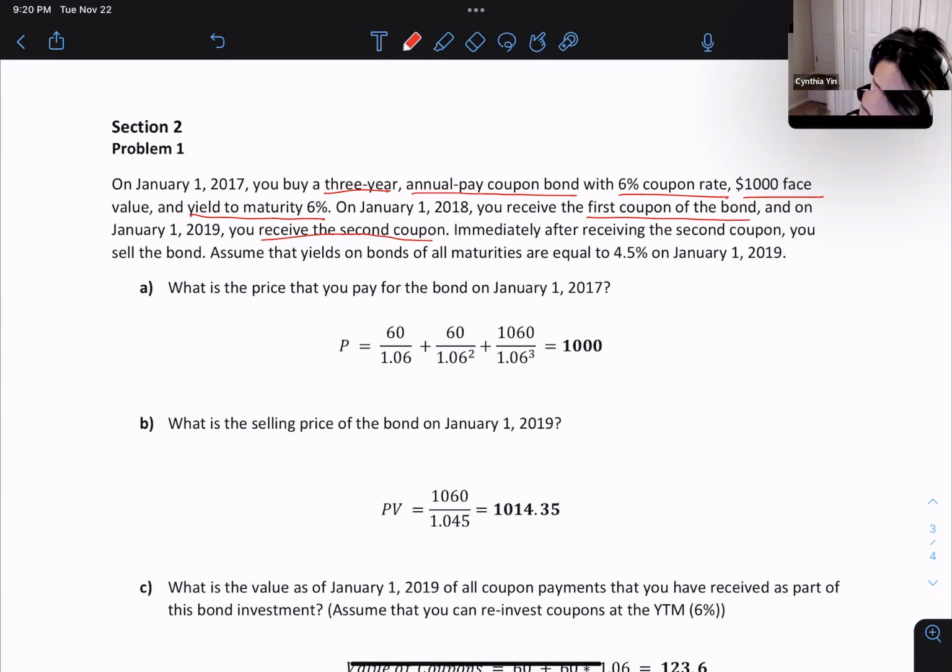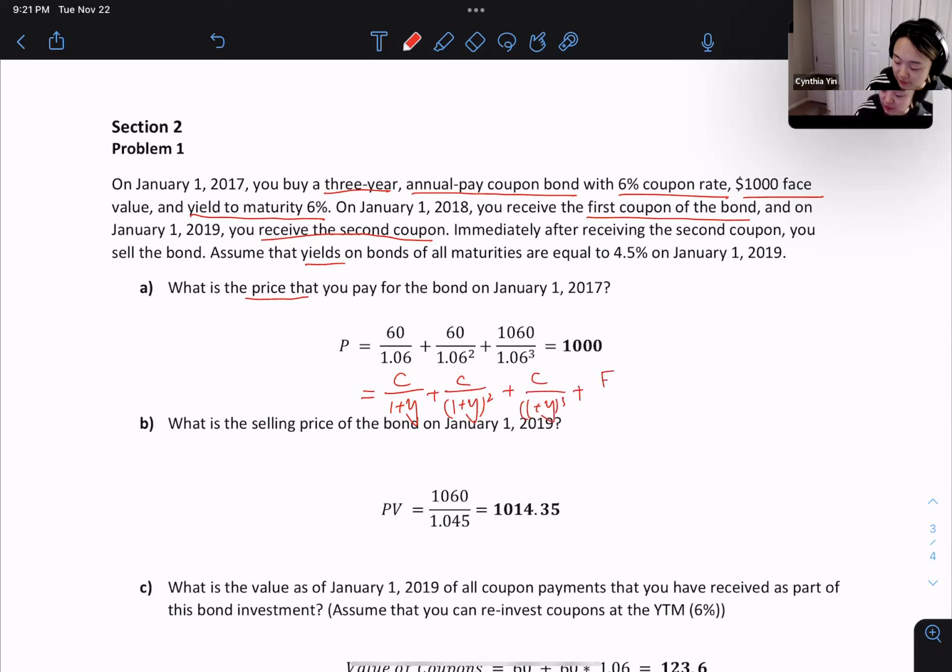Immediately after receiving the second coupon, you sell the bond, and assume that the yield on the bonds of all maturities is equal to 4.5% on January 1st, 2019. Let's do it step by step. What is the price that you pay for the bond on January 1st, 2017? This is just plugging in the formula: C divided by 1 plus y, C divided by (1 plus y) to the power of 2, C divided by (1 plus y) to the power of 3, plus F divided by (1 plus y) to the power of 3.